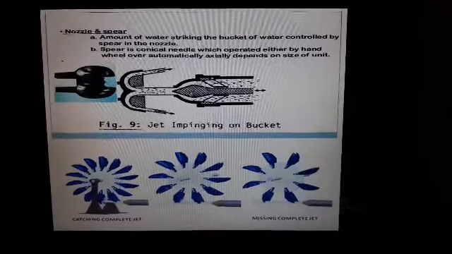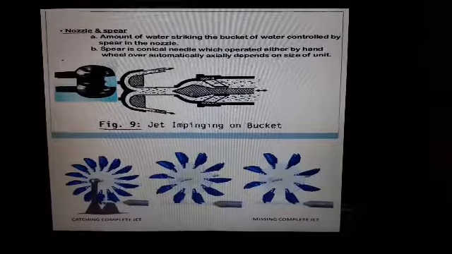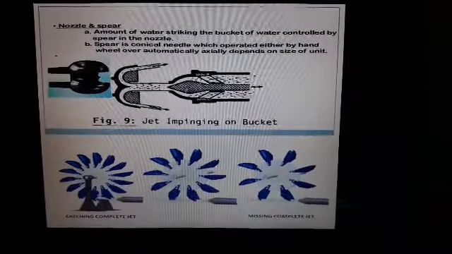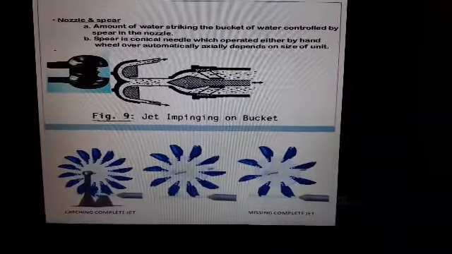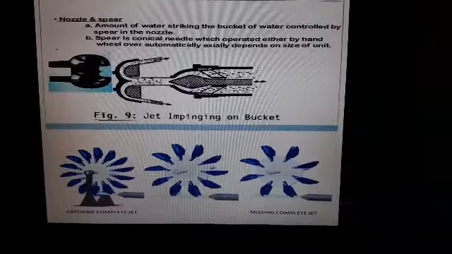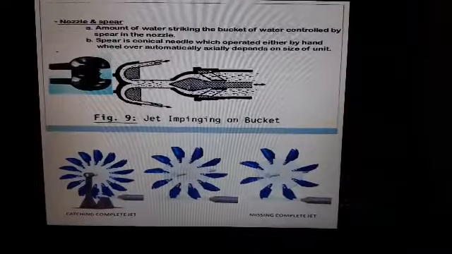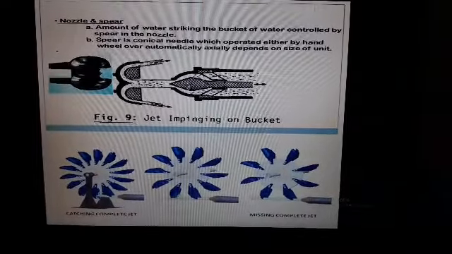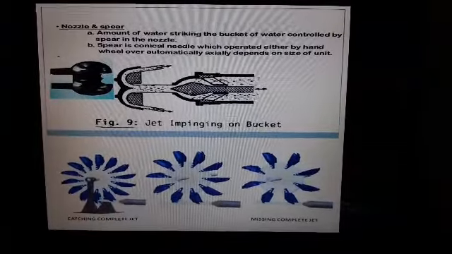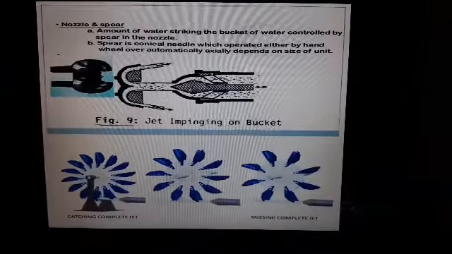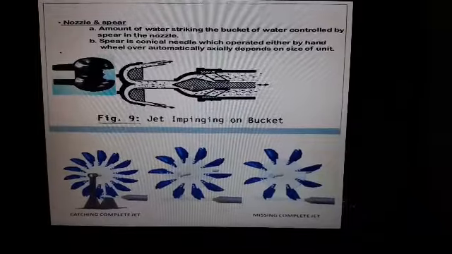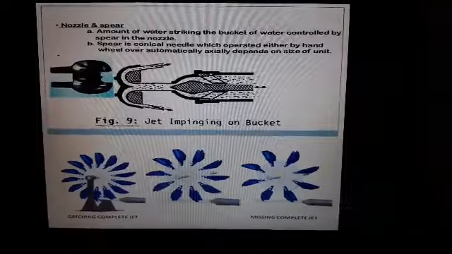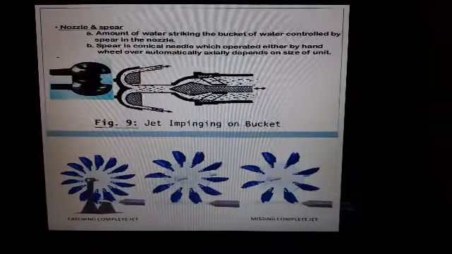As already told, the amount of water striking the bucket is controlled by the spear in the nozzle. When the spear is moved backward, more supply of water can be ensured, and more water will strike the buckets of the runner. Whenever the spear is moved forward, the supply of water is decreased.